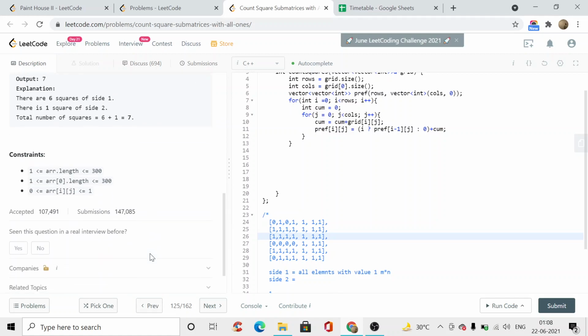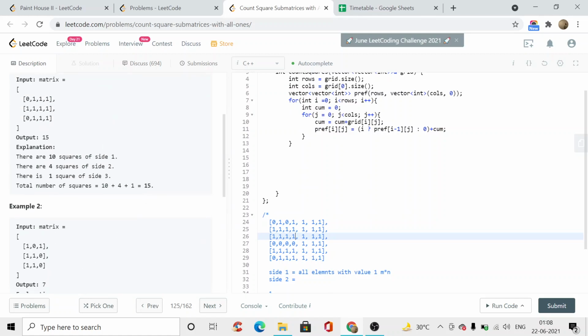And because it will be around 300 by 300, it is quite high. At each position, if I am at cell value j column and i row, there will be approximately the minimum of these many times you have to run at this position.